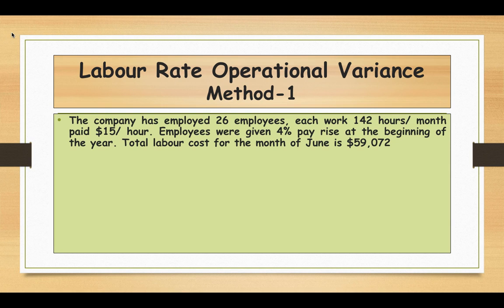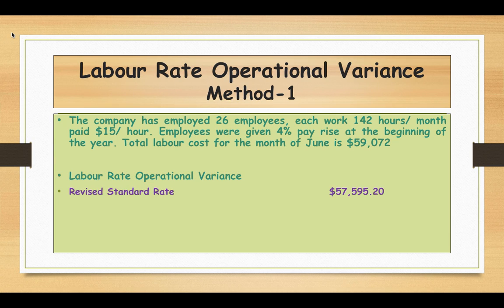This is according to the original standard. And there was a 4% pay rise. And also they have given the actual labor cost for the month of June, which is $59,072.